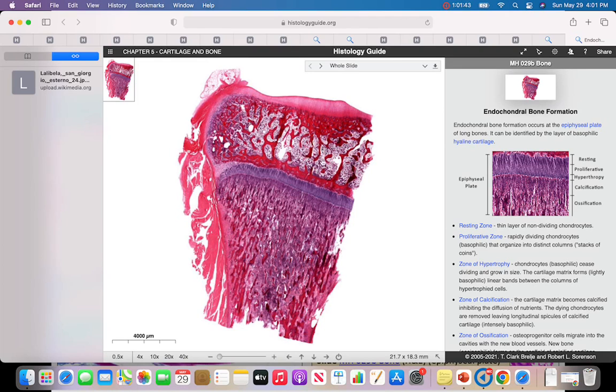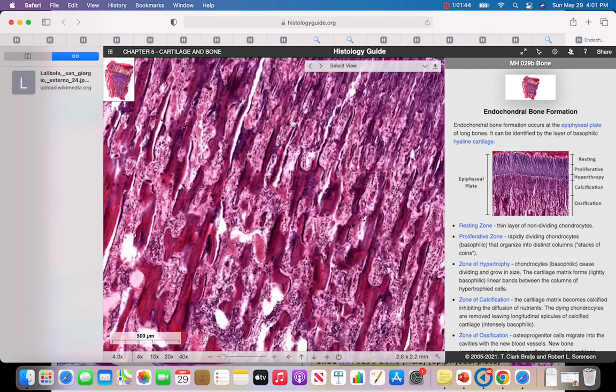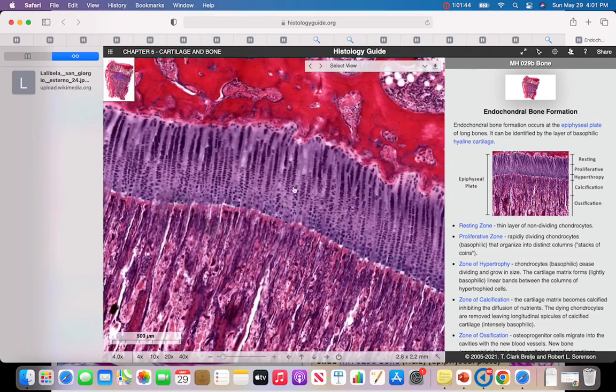Between diaphysis and epiphysis, we have this epiphyseal plate, and it allows longitudinal growth of bones. The epiphyseal plate has 5 zones. So now let us see these 5 zones.